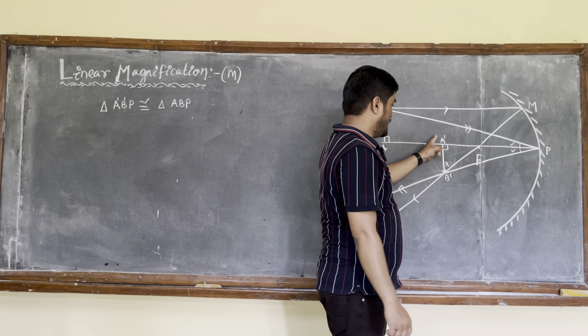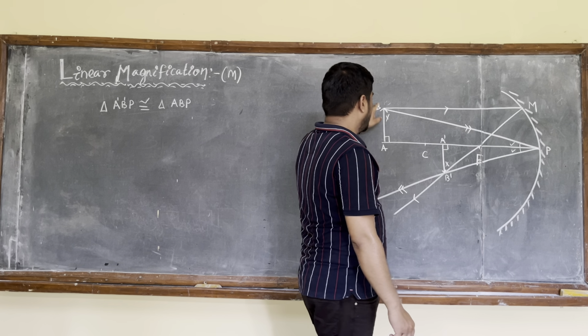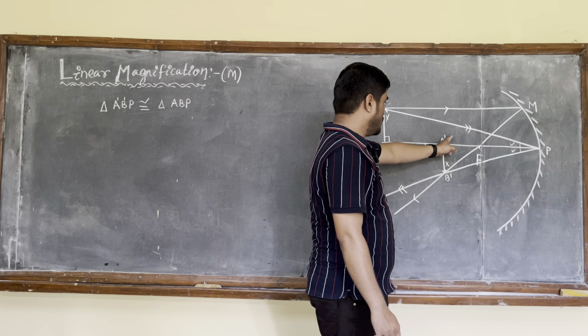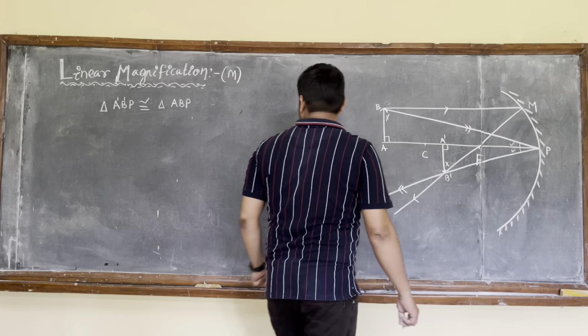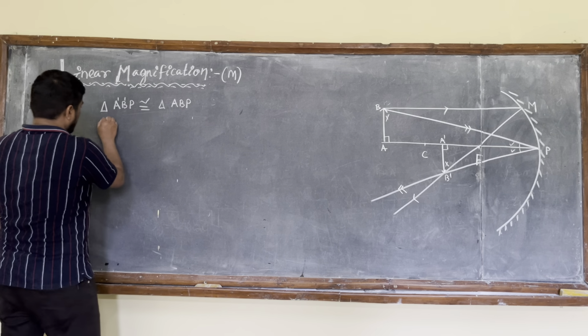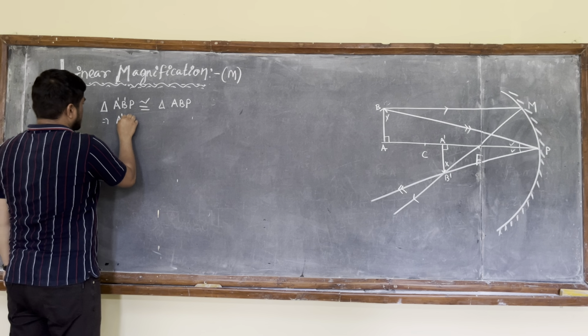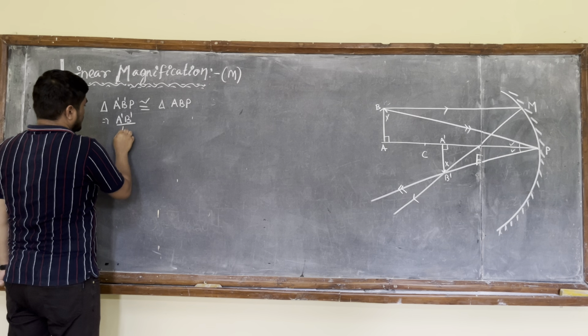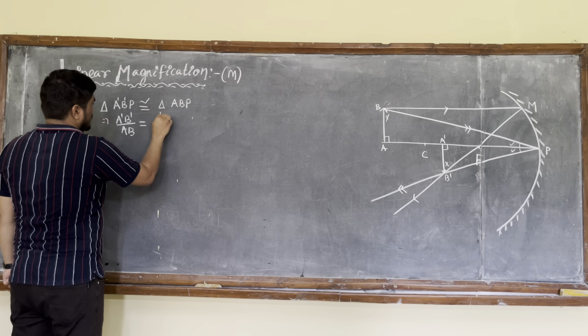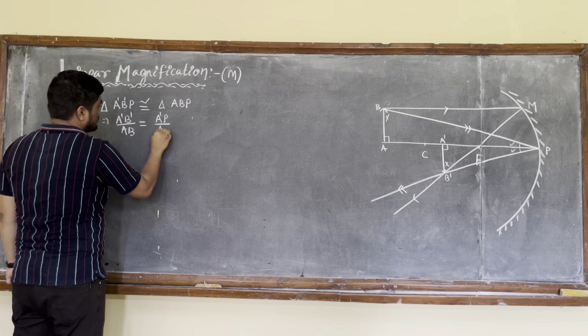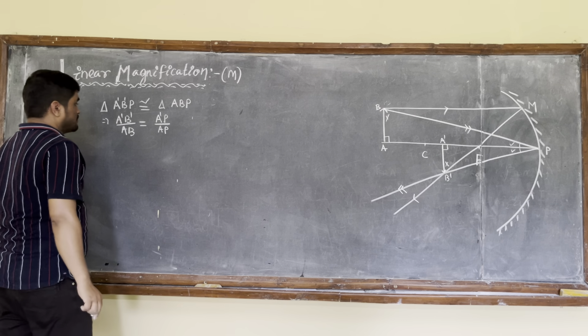When the two triangles are similar, then the ratio of the sides will be equal. That means A dash B dash divided by AB will be equal to A dash P divided by AP.